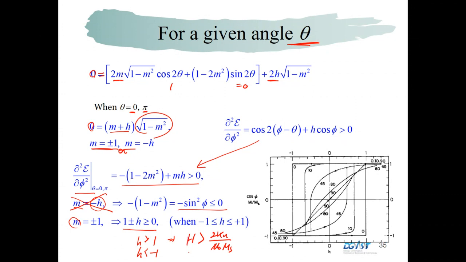So that implies when theta is 0, we can obtain this square hysteresis loop. And the switching point, the switching field, is still the same result.